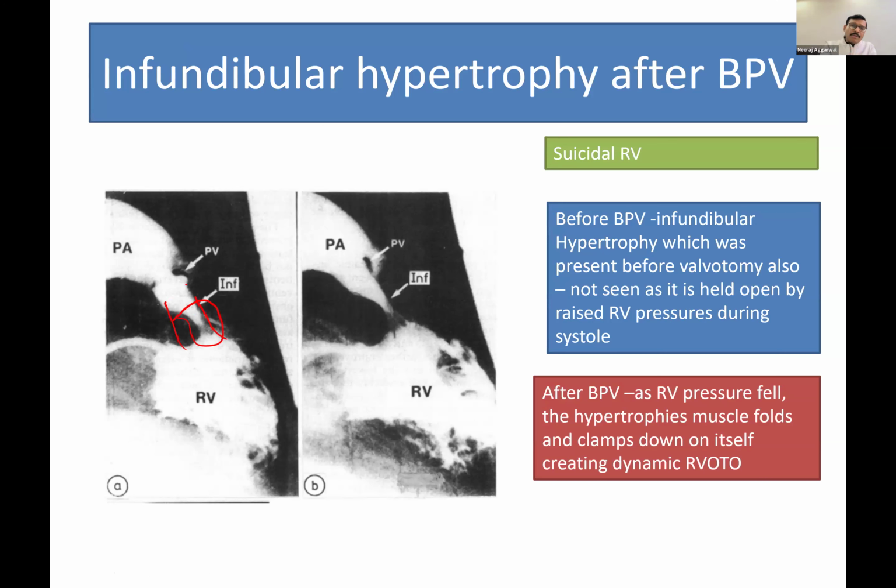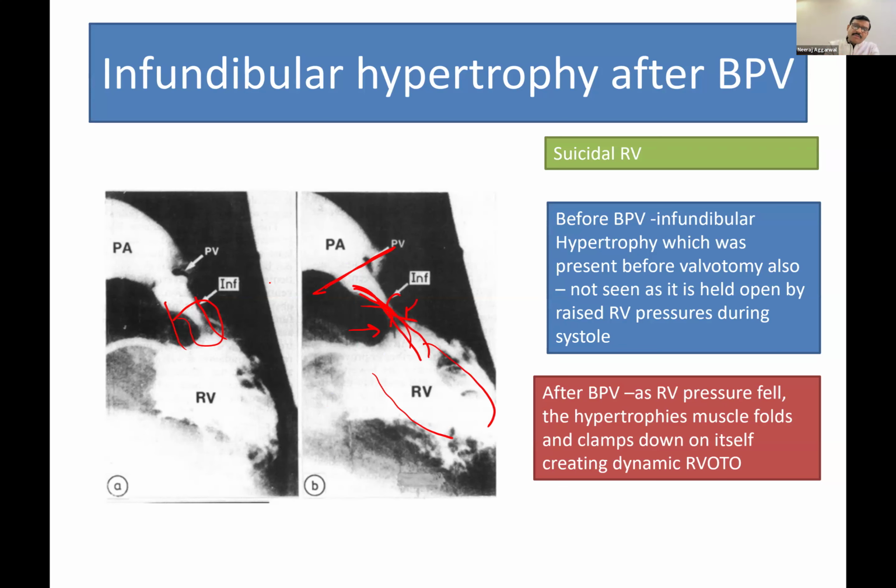Now, if you do the balloon dilatation, RV pressure falls down, but now the hypertrophy comes into the picture. It shows its effects, and this muscle clamps down inside, creating dynamic RVOTO. This can lead to sudden collapse of the RV because there is no forward flow happening for some time. And that is called suicidal RV.